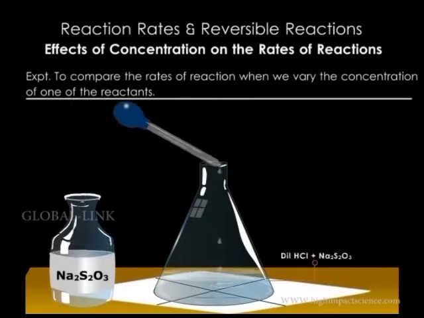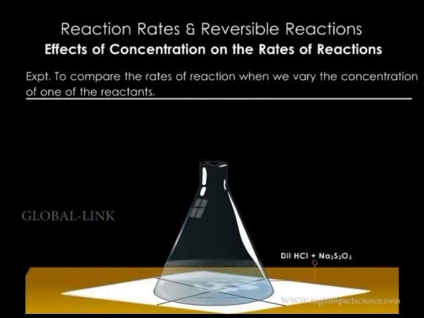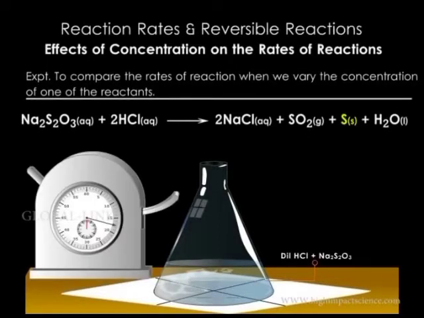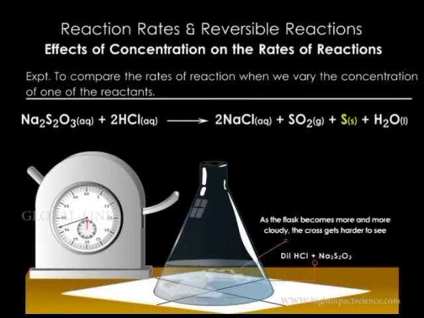We shall have a fixed concentration of hydrochloric acid, but we will vary the concentration of sodium thiosulfate. From this equation, the sulfur that is formed as a product makes the solution cloudy and therefore reduces the visibility. Our main idea is to measure the amount of time it takes for the solution to become completely cloudy.